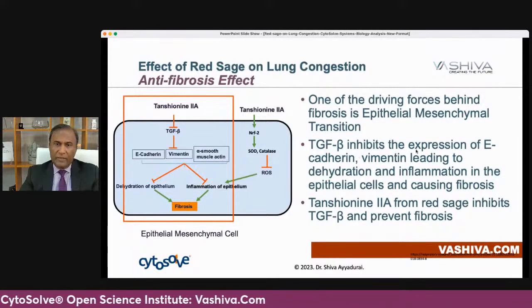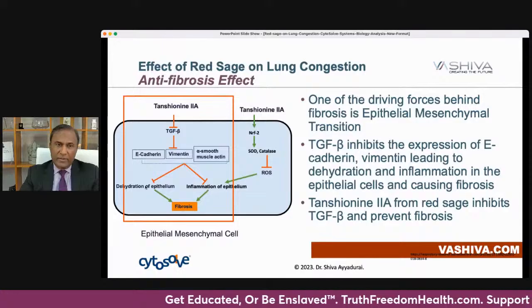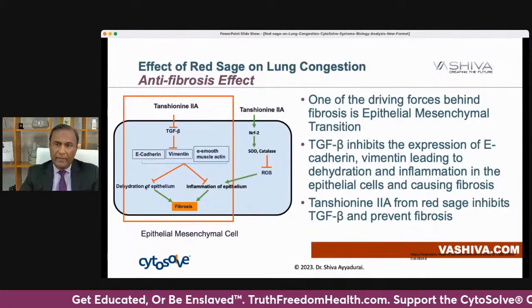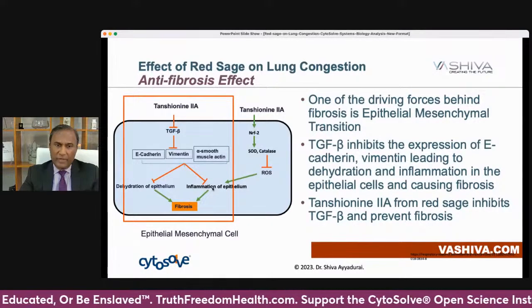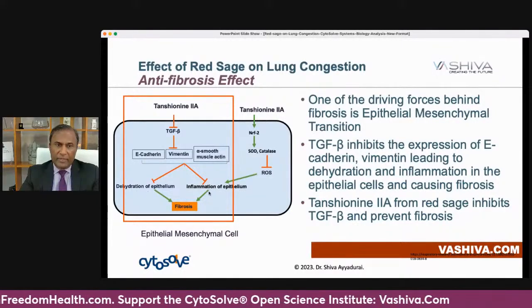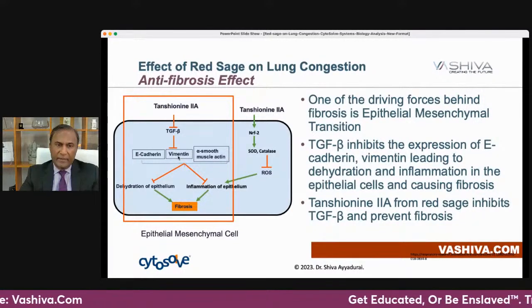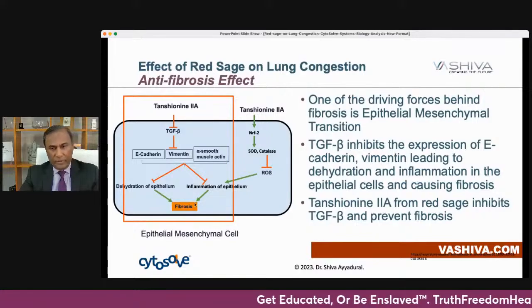So when TGF inhibits expression of E-cadherin, Vimentin leads to dehydration right here of the epithelial. So this blocks this, and you get dehydration, and inflammation also occurs of the epithelium. And this causes fibrosis. So dehydration and inflammation of the epithelium cause fibrosis. And this is happening because TGF-beta blocks E-cadherin and Vimentin goes up, and then downstream you get fibrosis, okay?